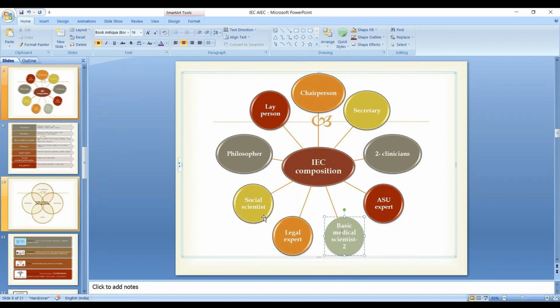One social scientist will be there. Social workers are aware of the social problems, so he has to be there, and he can raise his queries or his non-acceptance regarding the protocol. One philosopher is there.